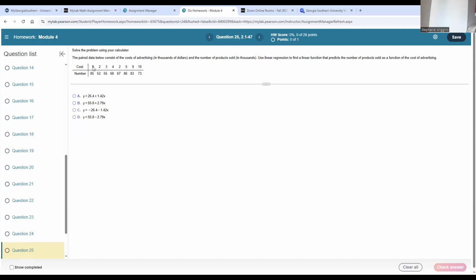So your input is 9, your output is 85. You're going to be listing these in your first list of data points, and then corresponding to each one of those, you're going to have in the second list these data points, and then you're going to follow the instructions for calculating the linear regression.